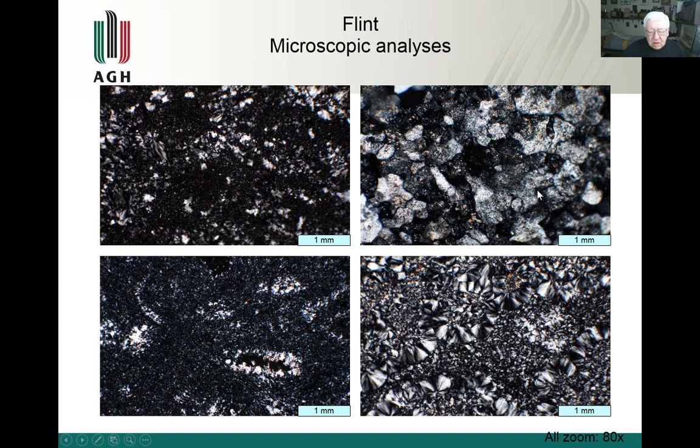There is an example of flint which is completely recrystallized to quartz. You see big, relatively big crystals of quartz. Of course, it's recrystallization of primary opal to quartz. It goes this way: opal, chalcedony, quartz.